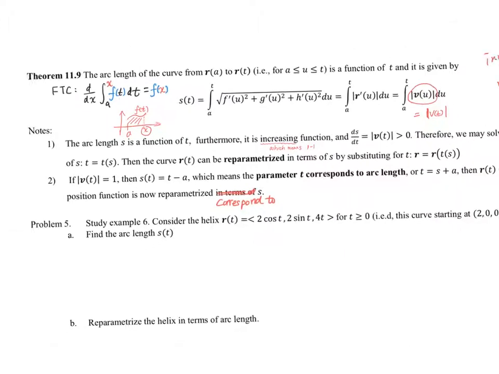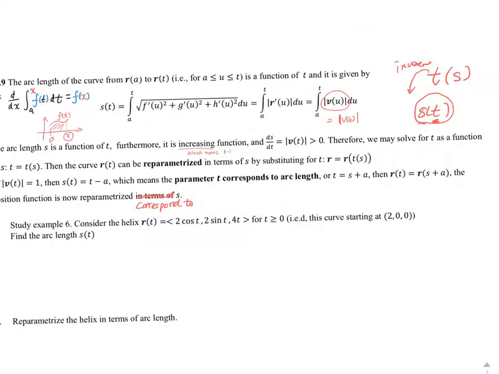Now when this happens, r(t) should be equal to r(s plus a) because of this, right? s equals t minus a, which means t equals s plus a. When you substitute this into the function, that's r(s plus a).